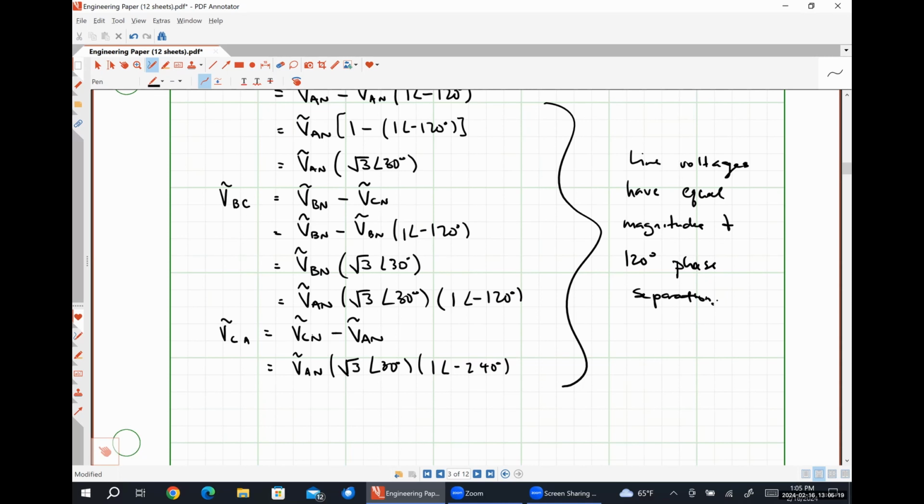So let's talk about what that would entail by using what's called a single phase equivalent circuit.